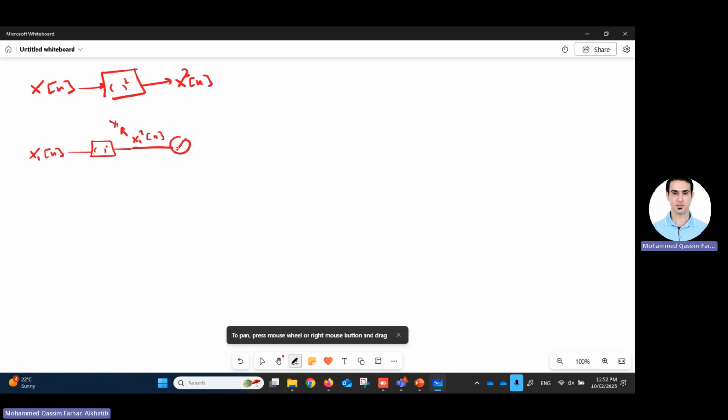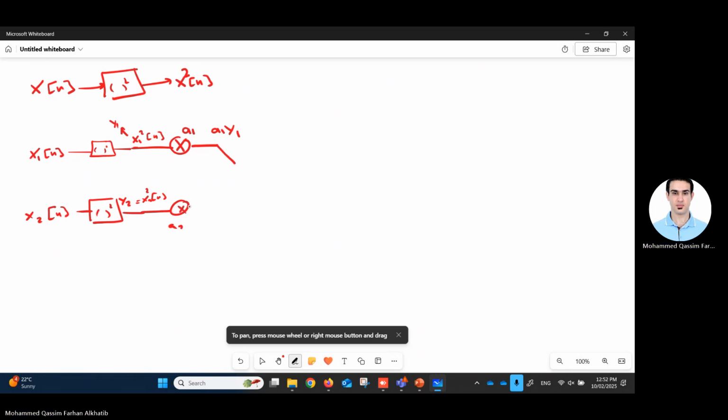Then you scale it by a1, so you have a1 y1. Keep it here. Same thing: I'm going to do another stream, x2 of n, apply it to the system, squared. So I'll get y2 equals x2 of n squared. Scale it by a2, and you will get a2 y2.